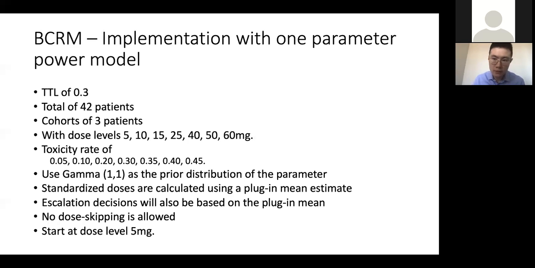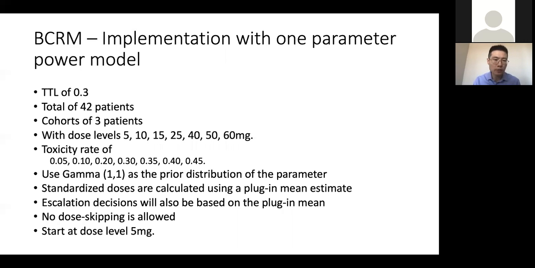Just remember in 3+3, the targeted toxicity level is fixed to be 0.33. And in BCRM, we need a fixed number of patients to be treated in this phase. Here we can set it to be 42, because we have 7 dose levels we want to test in this phase 1 trial.